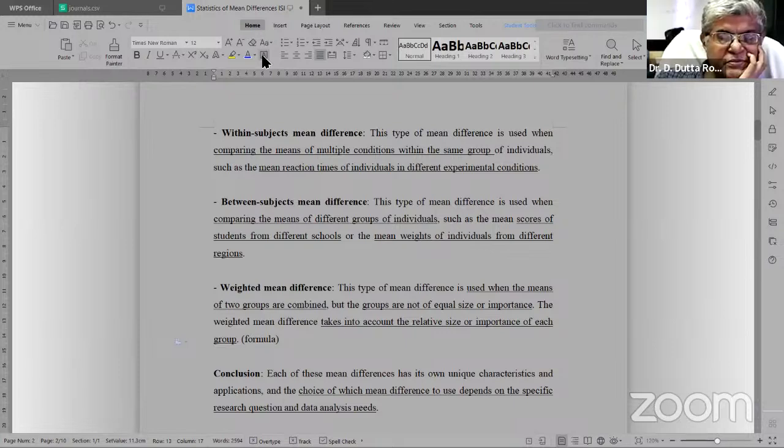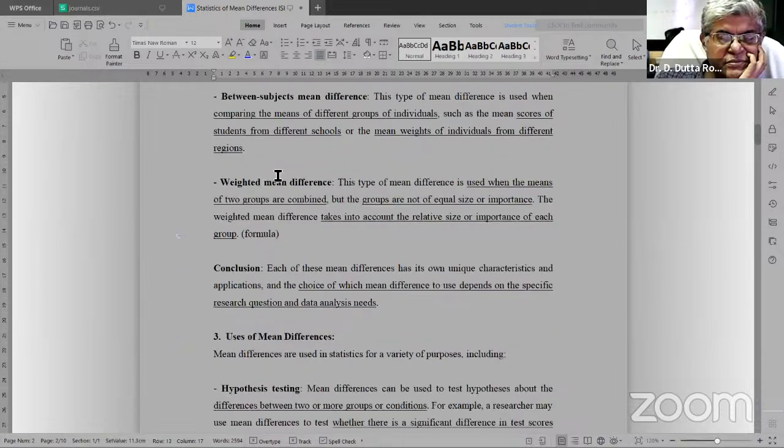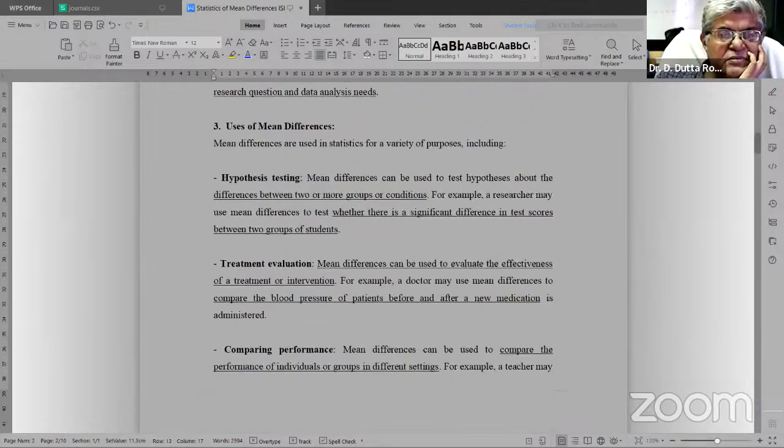Okay, now go below. It is almost the same, no?